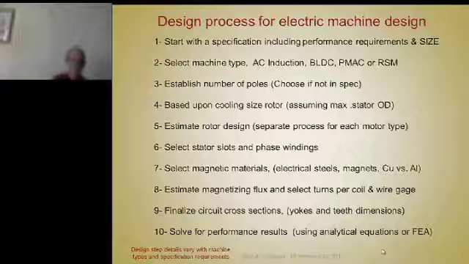And a common one is a half a slot per pole per phase, which would be like a 6-slot stator, 4 poles. So 6 slots divided by 3 phases is 2 slots per phase. So divide by 4 poles, and you get a half a slot per pole per phase.